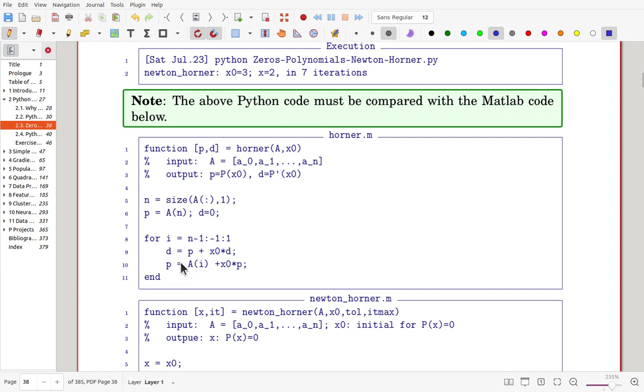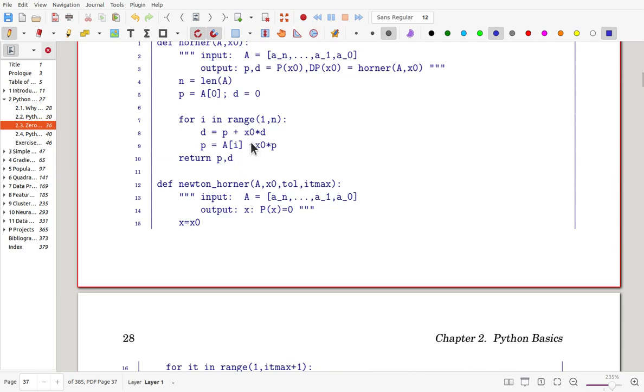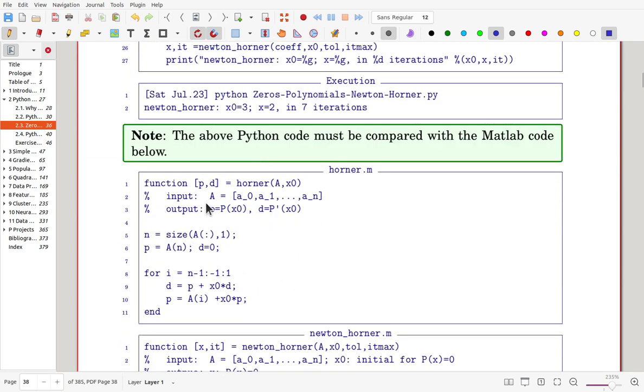This portion is really almost the same as that. The difference is that once you try to access that array A, in MATLAB the index starts from 1. In Python, the index starts from 0. That is a major difference.